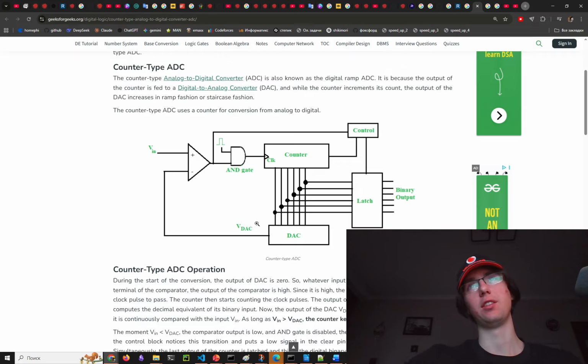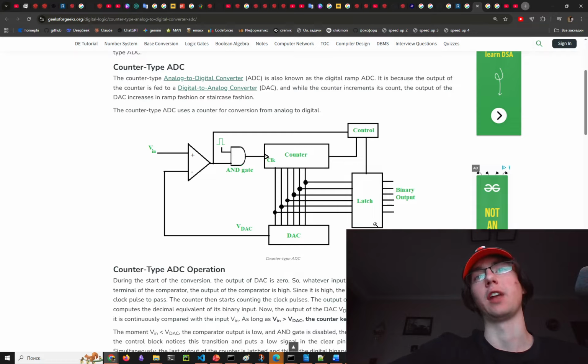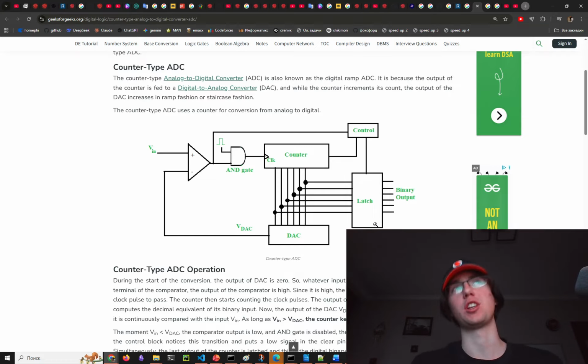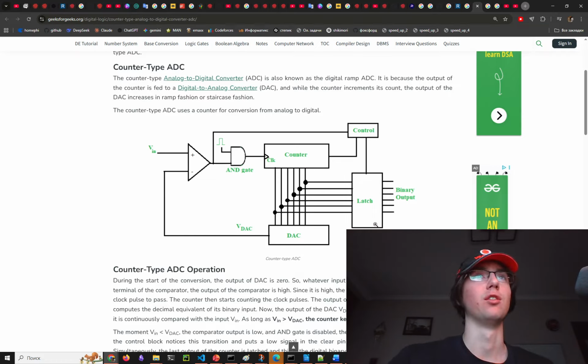This process will continue until this thing outputs 0. When it outputs 0, the control unit loads the counter value to the latch. This is basically a binary interpretation of our input voltage.